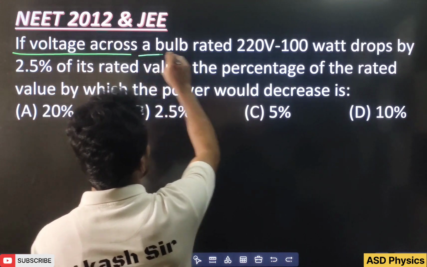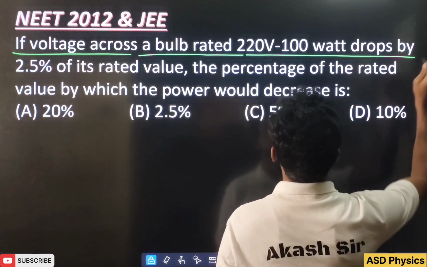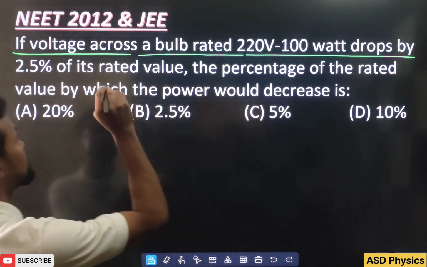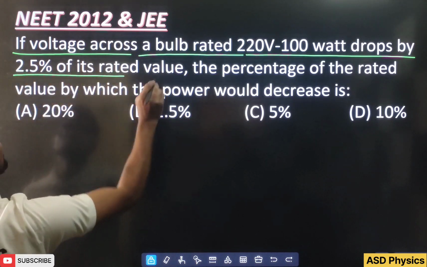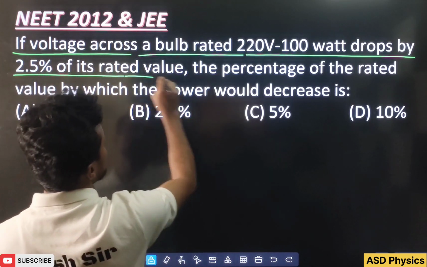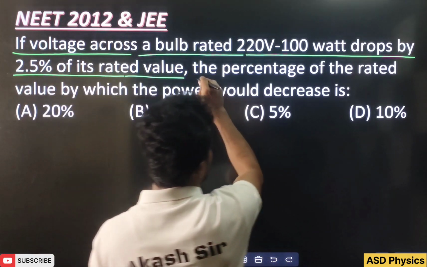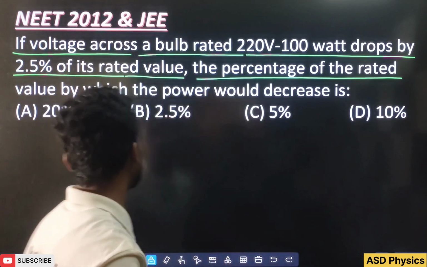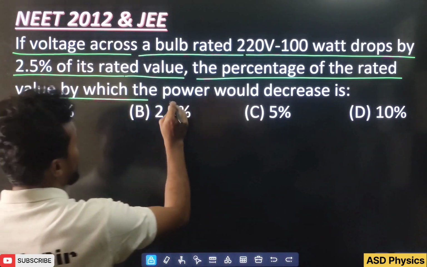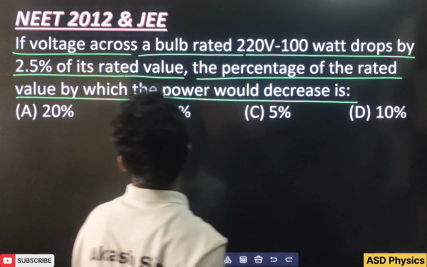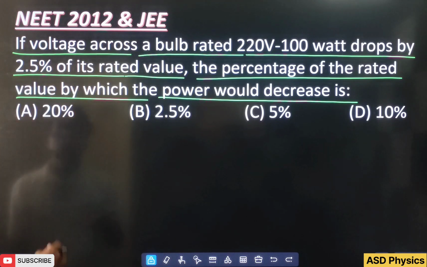If the voltage across a bulb rated 220 volt 100 watt drops by 2.5% of its rated value, the percentage of the rated value by which the power would decrease is?